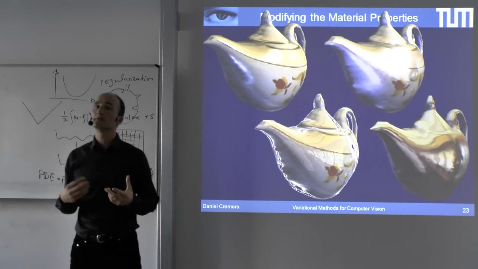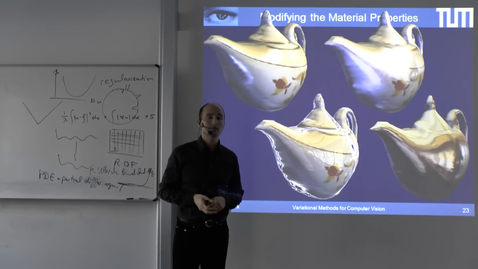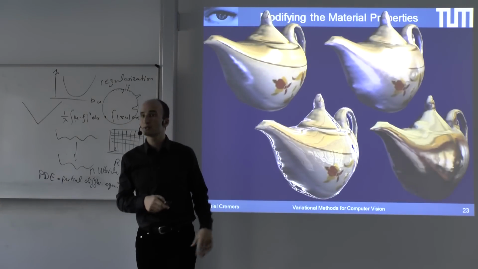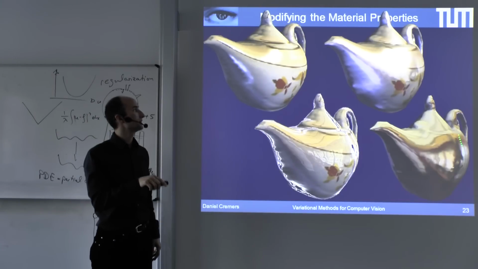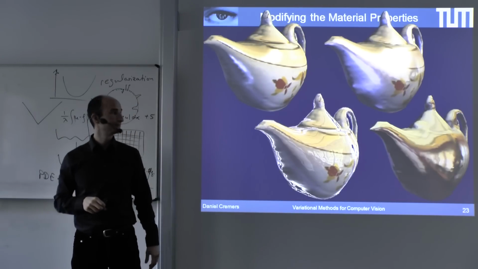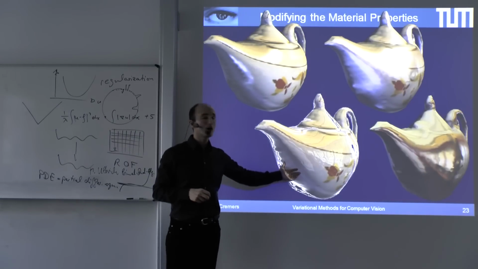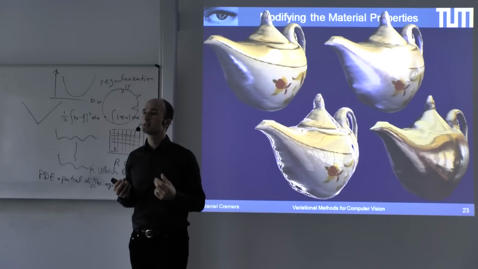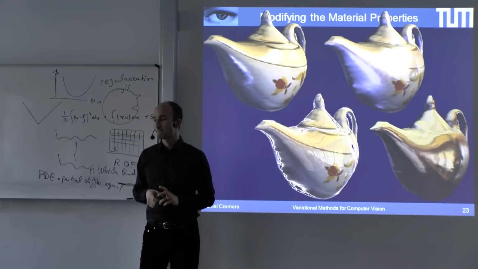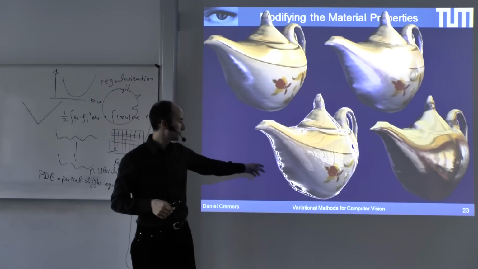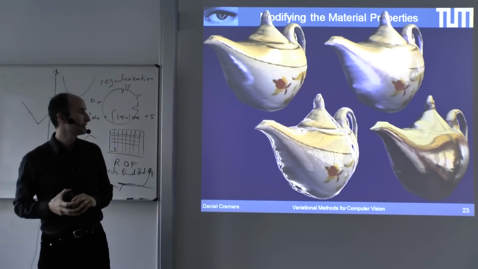A lot of people have already devised reflection properties of different materials, and for us it was quite straightforward to apply these different illumination techniques to the object. And so you can generate completely new models, views, and appearances of an object that you've only seen in one single image. This project, I should say, was funded and done in collaboration with Microsoft.